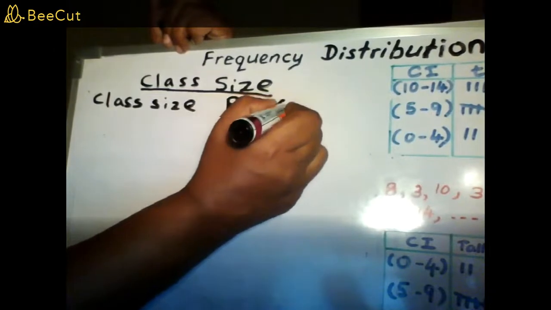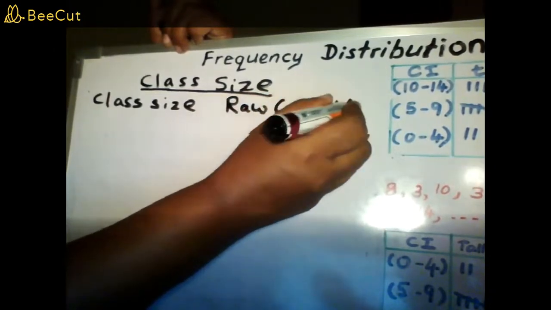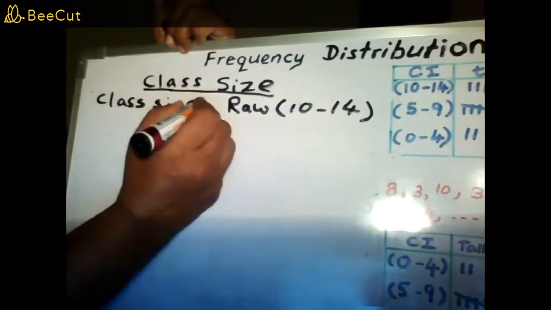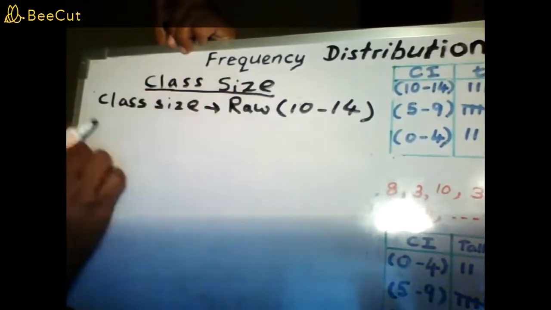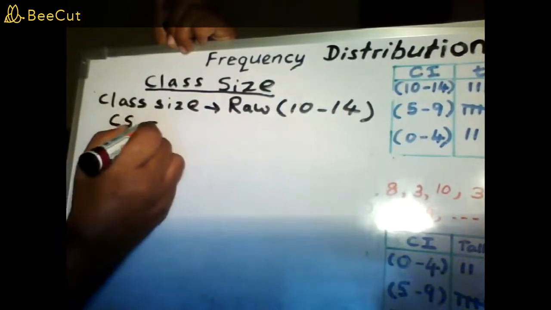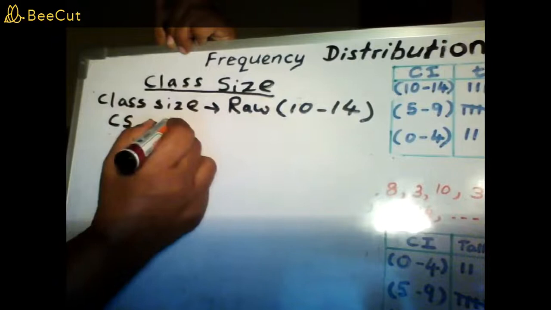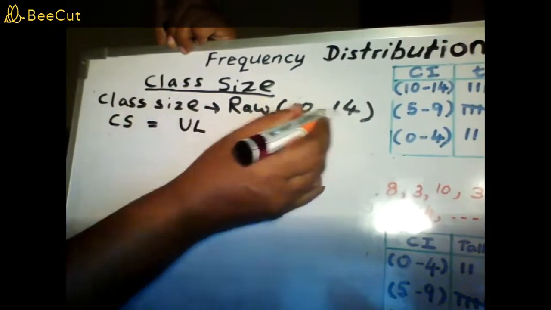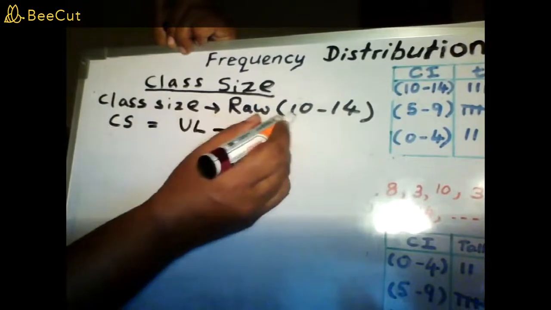So that is 10 to 14, same example. There's a formula for this one, row limits. Class size equals the upper limit. What's the upper limit? Upper limit minus lower limit.